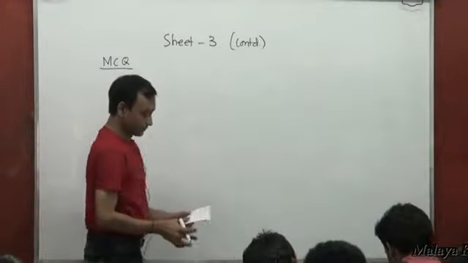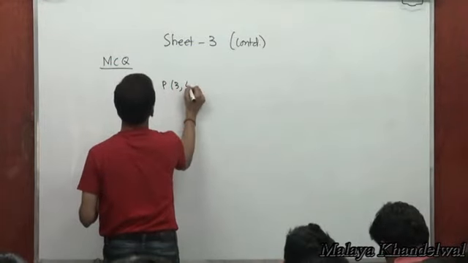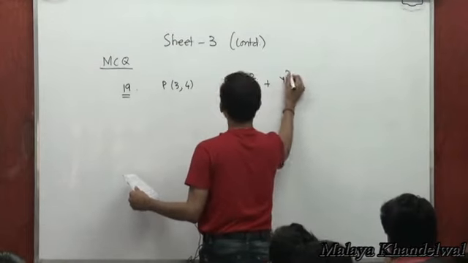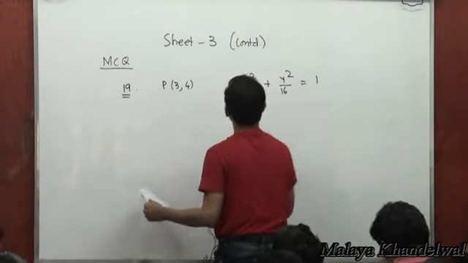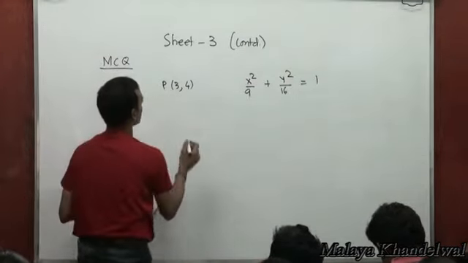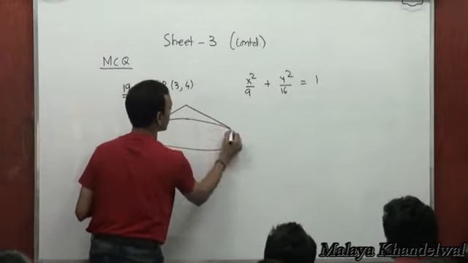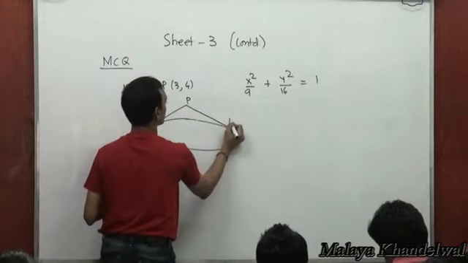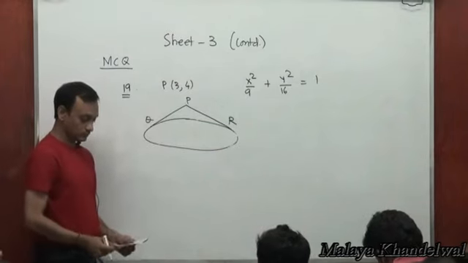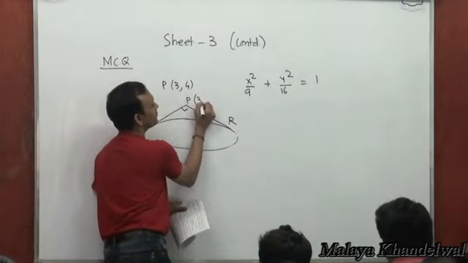(19) Tangents are drawn from the point (3, 4) to the ellipse x squared by 9 plus y squared by 16 equal to 1, touching the ellipse at Q and R. The angle between PQ and PR, now (3, 4) is this.